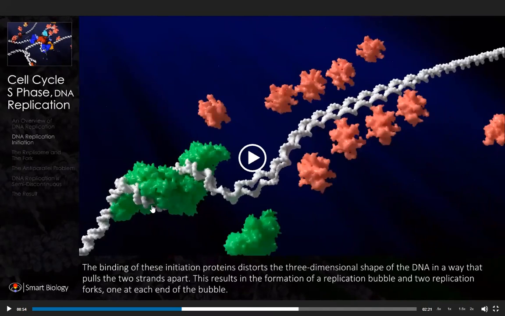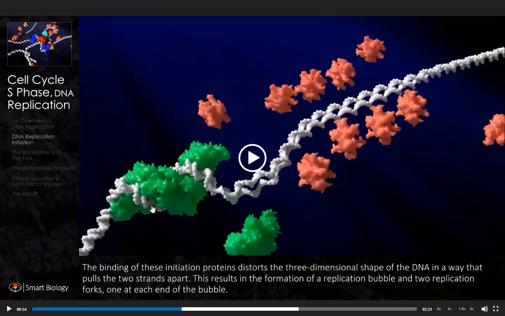The two strands have many hydrogen bonds, so they are closely intertwined with each other in the form of the double helix, but those numerous hydrogen bonds now need to be cleaved. The hydrogen bonds need to be broken. So the initiation proteins are basically helicases. An example of a helicase is DnaA in bacteria.